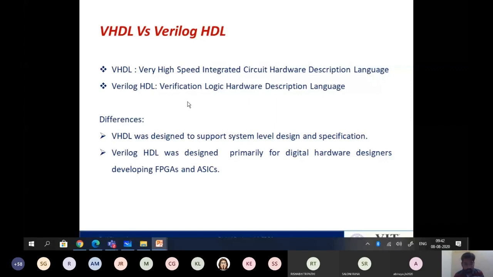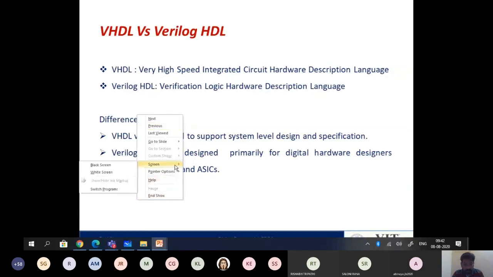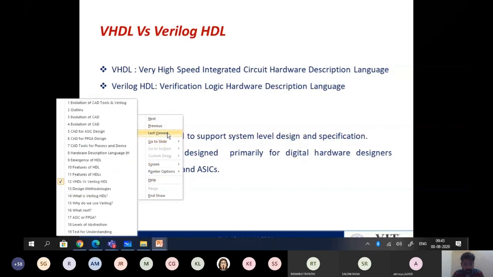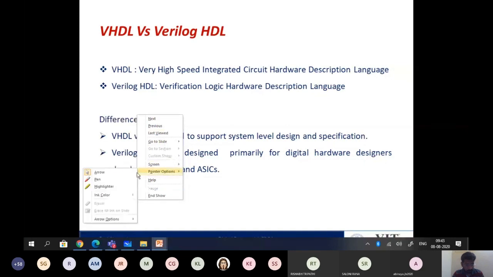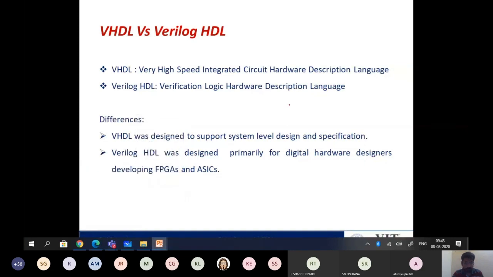So VHDL requires a library. It has libraries, packages. All these concepts are there in your VHDL. Okay, attributes, packages, where those are not there in Verilog HDL.